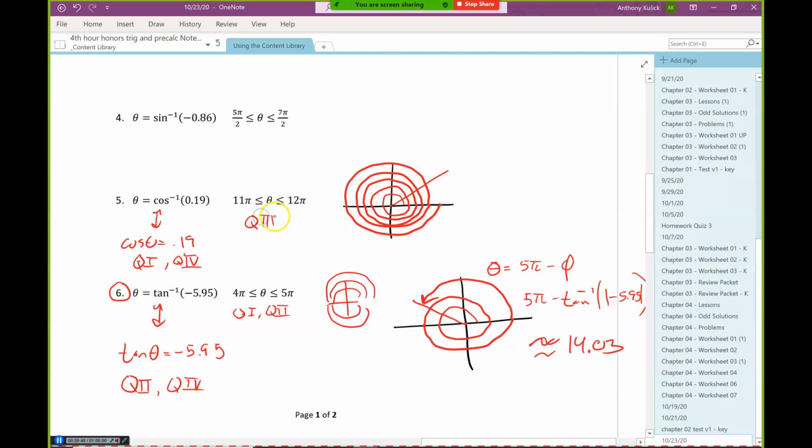So there's my angle. Jeepers creepers, how many times would we have to go around there? It was 5 and change, right? So this is going to be 12 pi minus that phi. And that's just going to be 12 pi minus cosine inverse of 0.92 or 0.19.